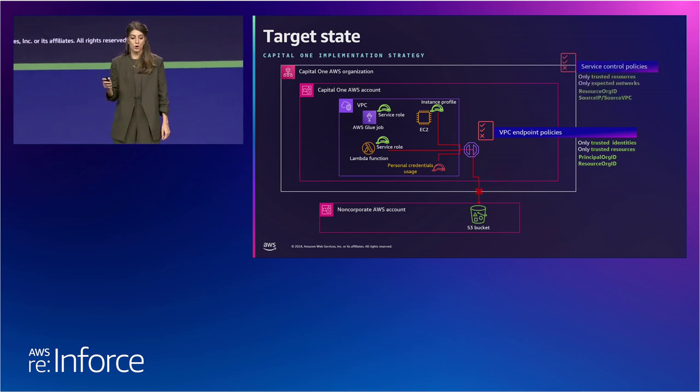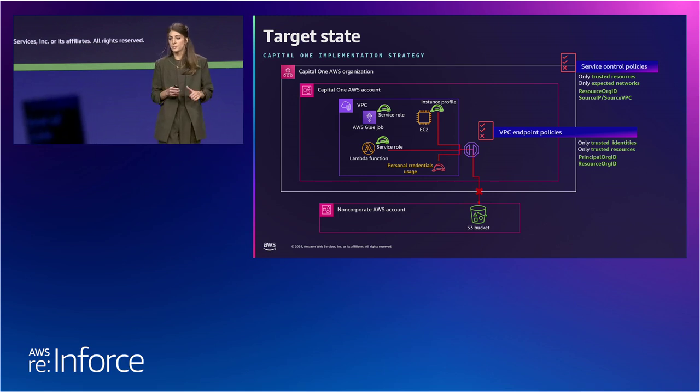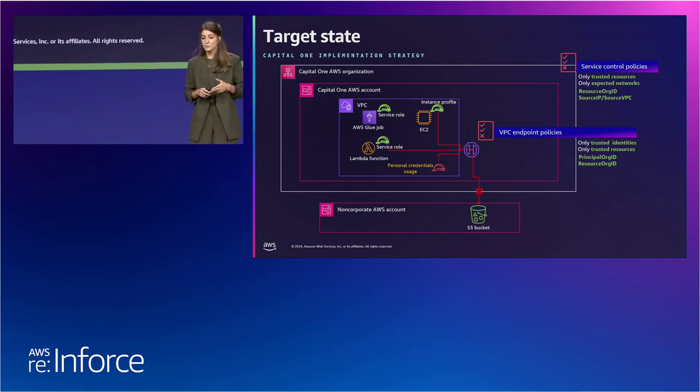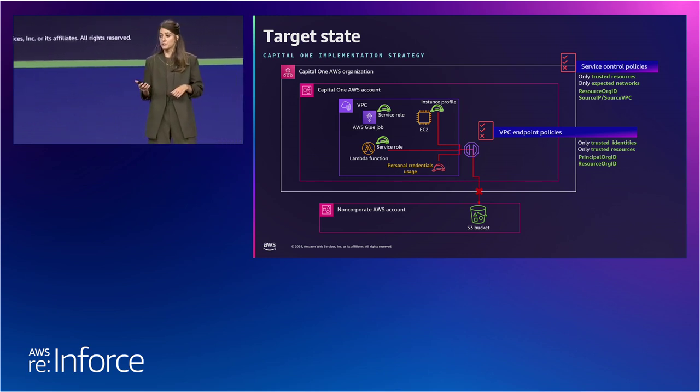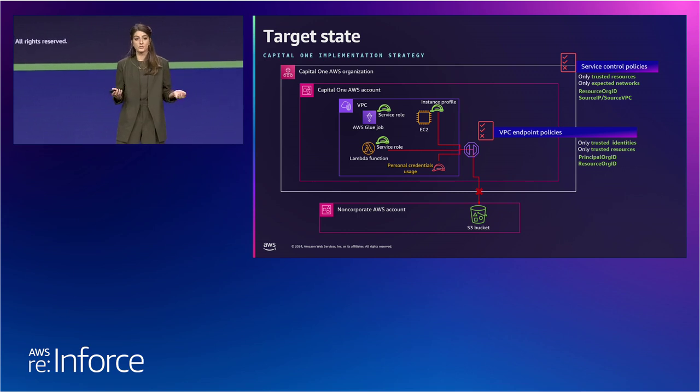We also wanted to create service control policies, which would enforce source IP, source VPC, and resource org ID. These would, one, ensure requests were coming from my trusted principals, and two, it would restrict my developers from accessing resources outside of my trusted network.